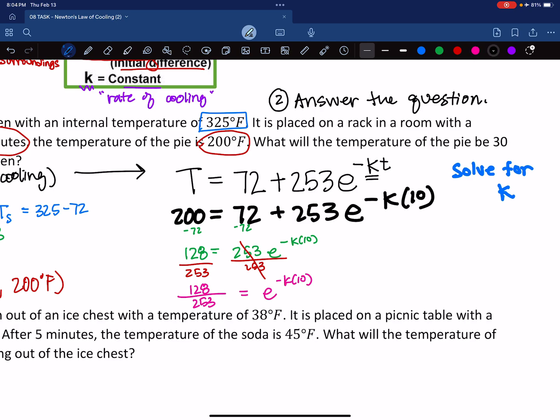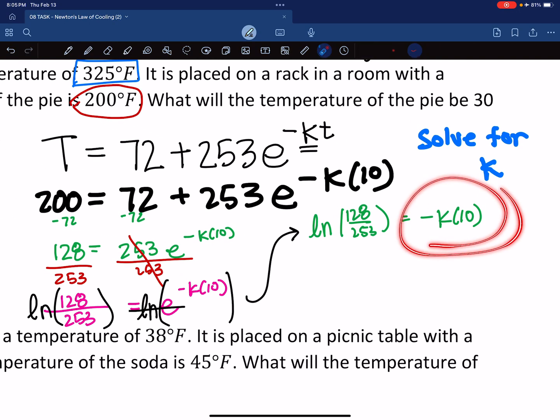We've got our exponential term by itself. This is when we apply the natural log function to cancel the exponential function. So apply natural log to both sides. We have natural log of 128 over 253 equals negative k multiplied by 10.